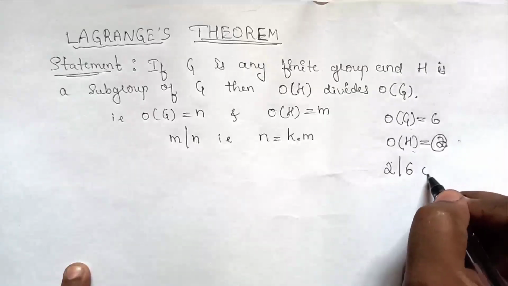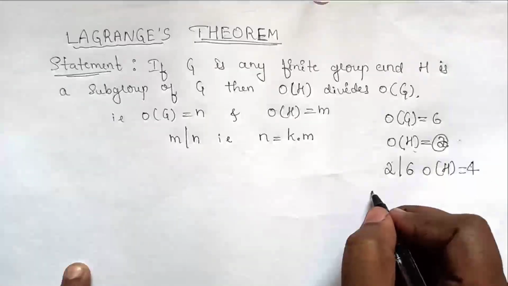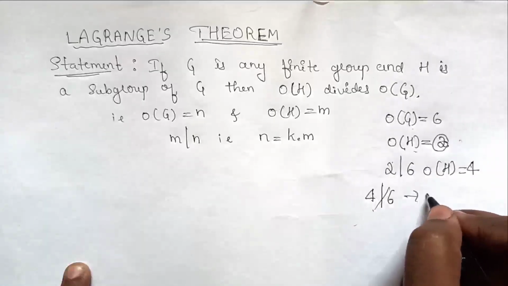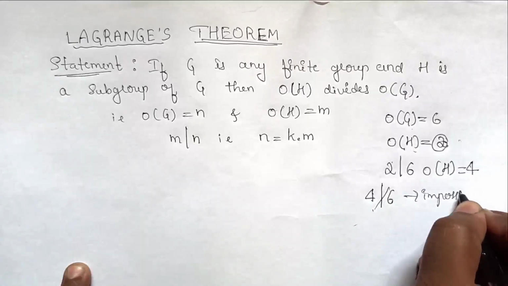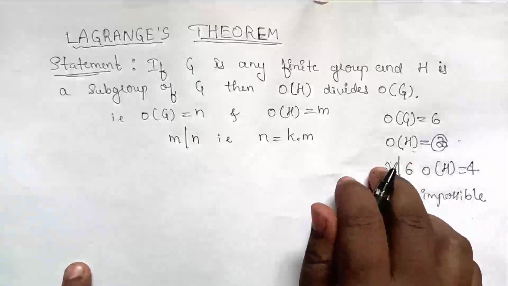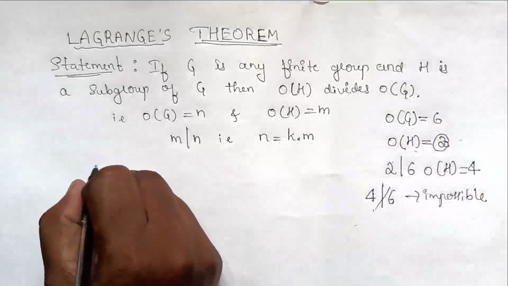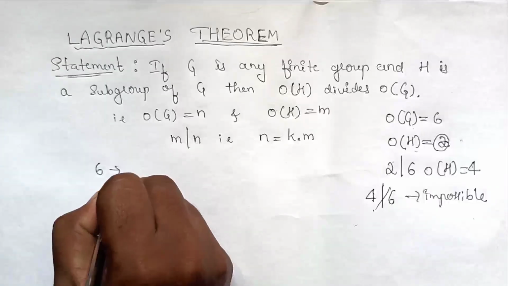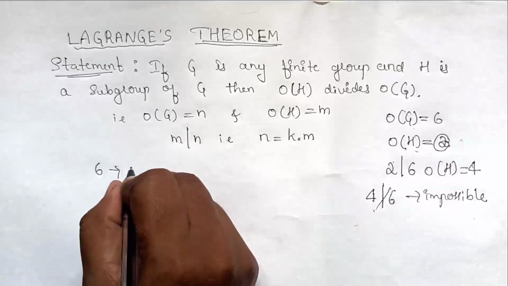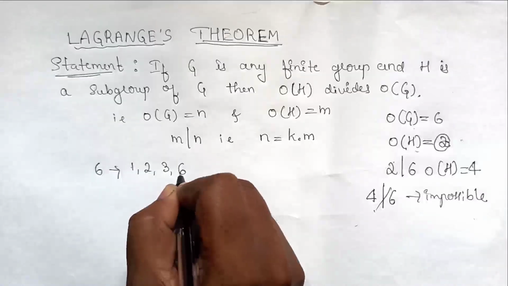Suppose the order of H is 4, then it is not possible, since 4 does not divide 6. So this is impossible. That means, the possible orders of subgroups of this group G, because G has order 6, are only 1, 2, 3 and 6 itself.